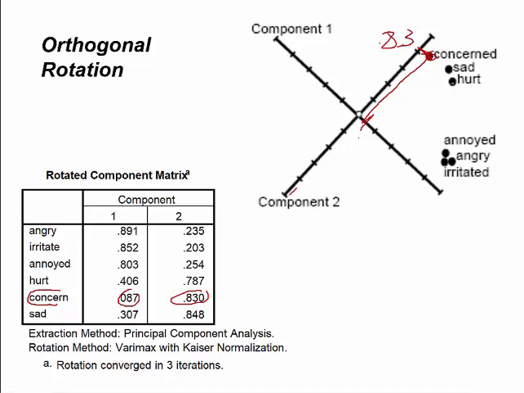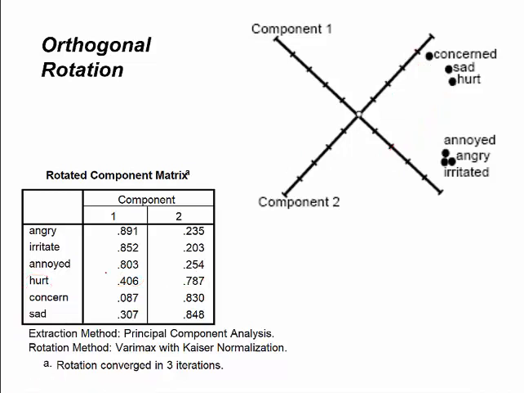Or, for example, hurt. Let's see what that's doing here. Hurt is at 0.787 here on component 2, and it's a little bit higher on component 1, at 0.406.